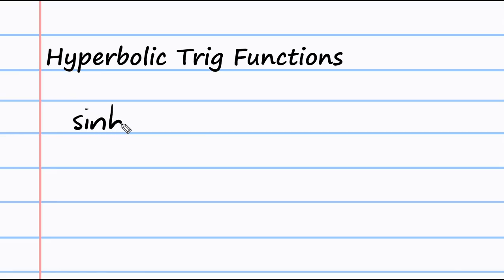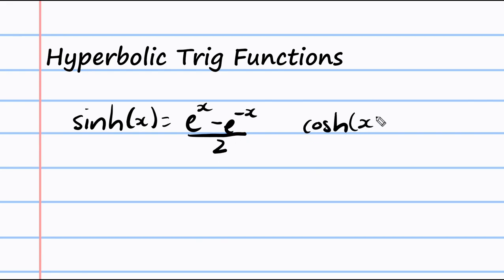So sinh x, that's how we pronounce it, is equal to e to the x minus e to the -x, divided by 2. Remember, e is Euler's number. Cosh x is e to the x plus e to the -x, divided by 2.